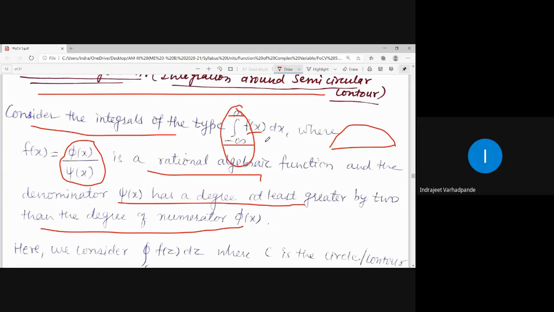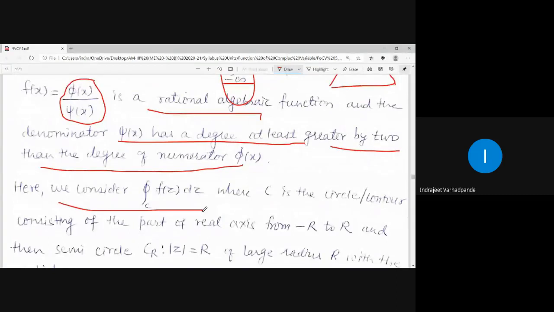How should this f of x be? F of x should be a rational algebraic function, and the degree of numerator should be less than the degree of denominator by at least 2. Then, anyhow, the question of this f of x cannot be simplified unless it is convertible to z. So what I do is consider this integration around the closed curve C of f of z dz, where C is divided into two portions.